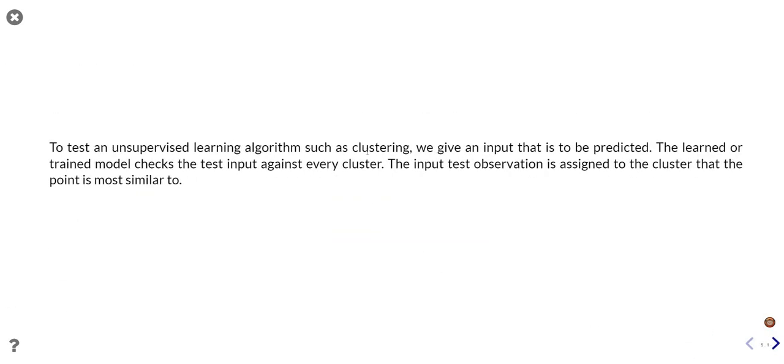So to test an unsupervised learning algorithm such as clustering, we actually give an input that is to be predicted. The learned or trained model checks the test input against every cluster.